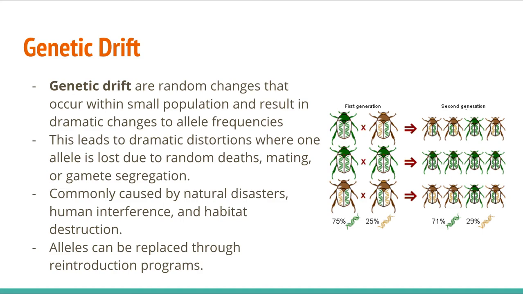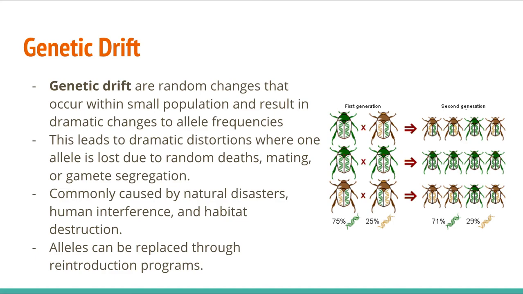Why is it? Well, it could just be that that allele happened to randomly get into more sperm and egg that generation. And with a small population, that's easy to do. But with a big population, it's really, really hard because of the law of averages, everything evens out over time.